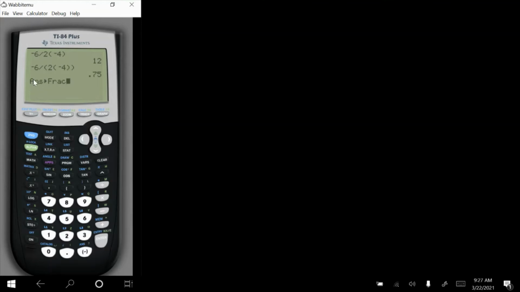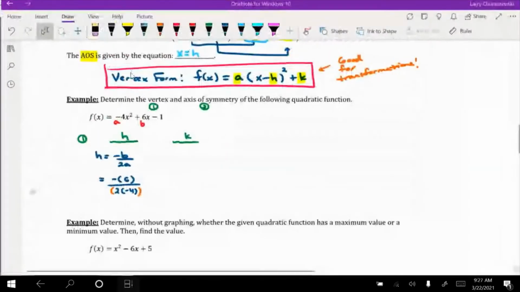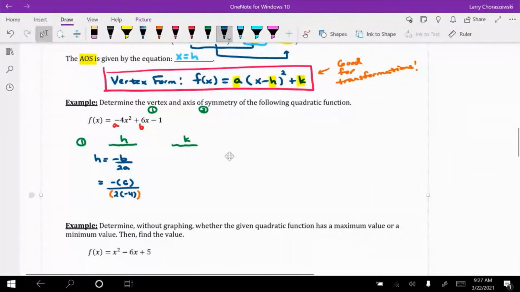It's saying that it's taking your most recent answer, which is 0.75, and converting it to a fraction. Press enter, and you get 3/4. Right? Does anybody need me to repeat any of that? Our value of h simplifies to 3/4.